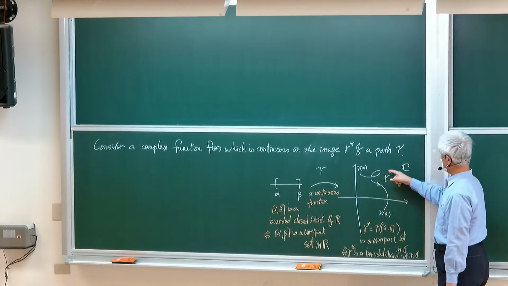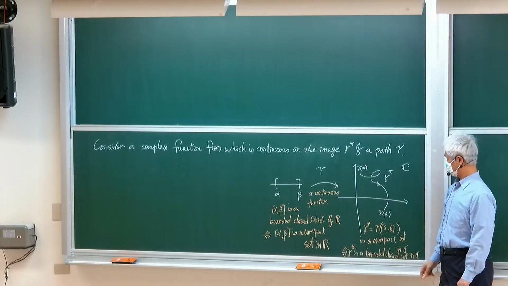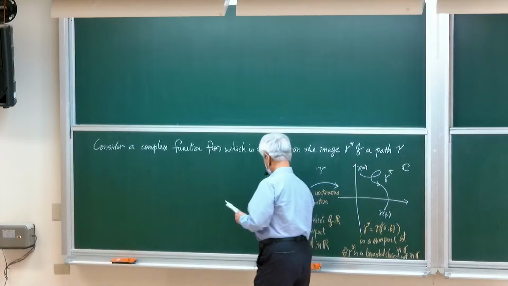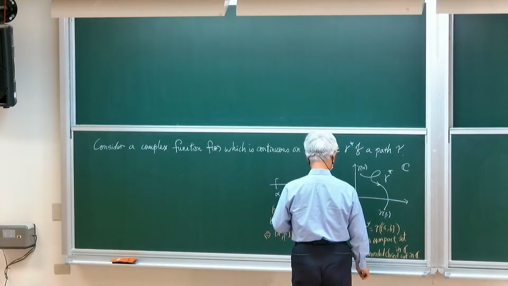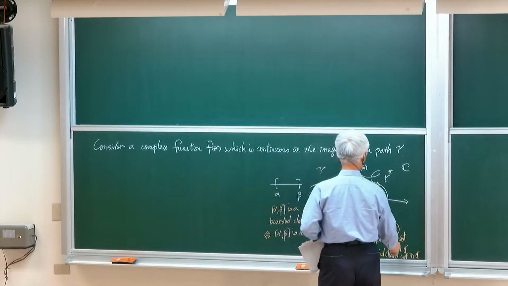So we know gamma star is a bounded set, and also a compact set.